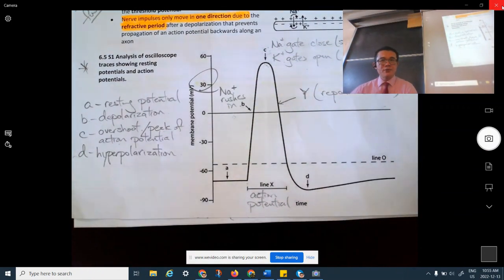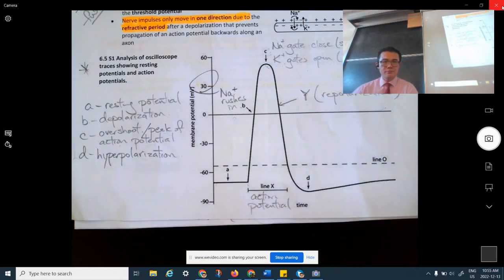Potassium gates start opening, so potassium rushes out. That causes the repolarization. Are we good?